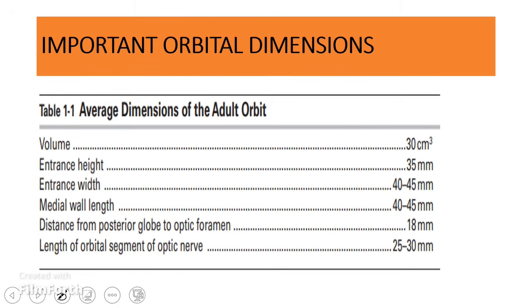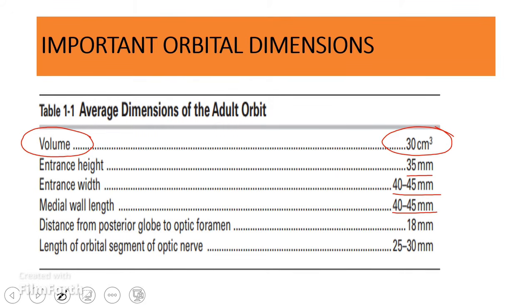Now let us talk about the important orbital dimensions or measurements which are commonly asked in the exams. What you are commonly asked is about the volume of the orbit. The volume of the orbit is about 30 cubic centimeters or 30 ml. The height at the entrance is about 35 millimeters. The width is about 40 to 45. The medial wall length is about 40 to 45.